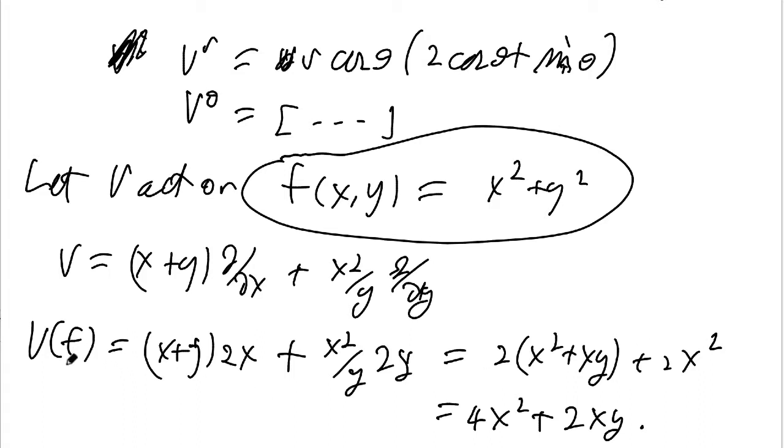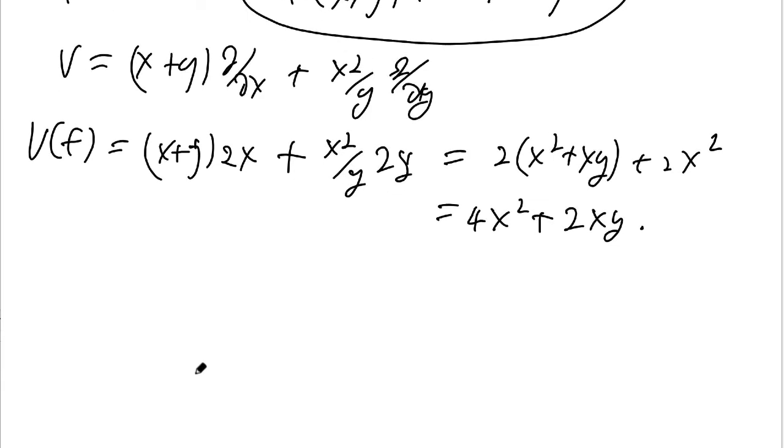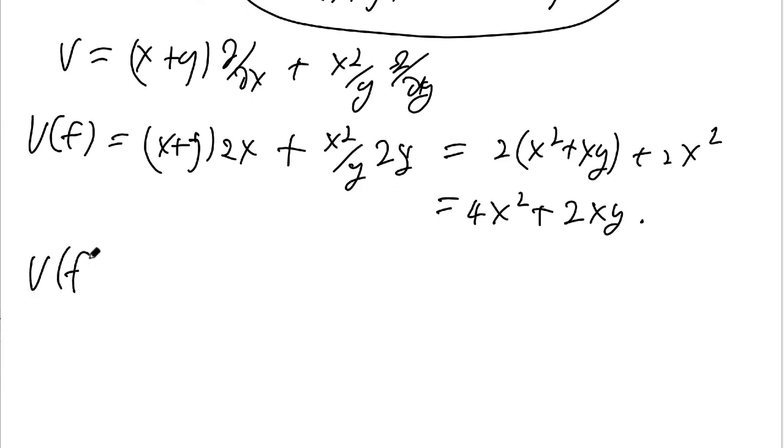All right, so at each point in the space, the vector acting on this function gives this number. Now, the notion of a vector acting on a function is independent of the coordinates we use, so let's compute this v acting on f in polar coordinates.